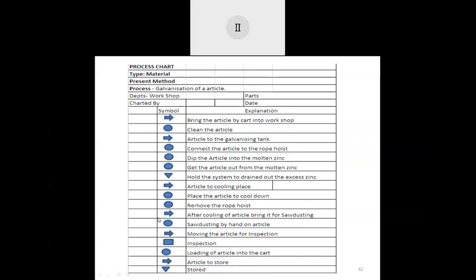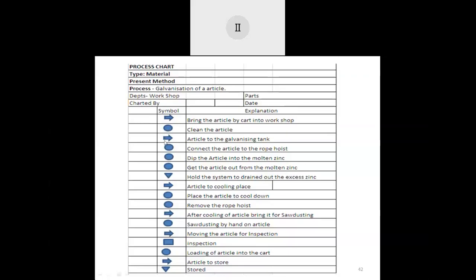Yesterday and in the previous classes we told you that there are different symbols which show you different things. Like this arrow type symbol, it shows you movement, transportation. Then this circle type symbol indicates some operation is going on.